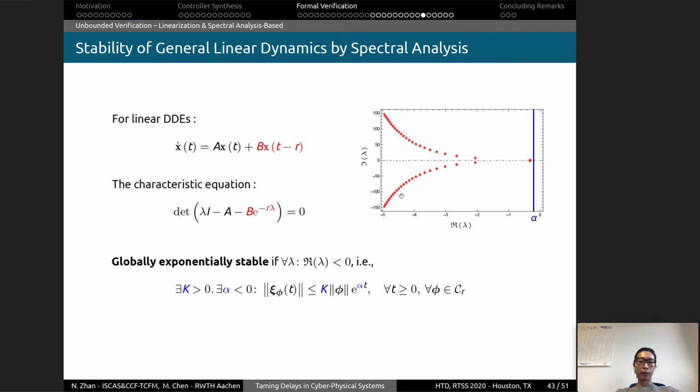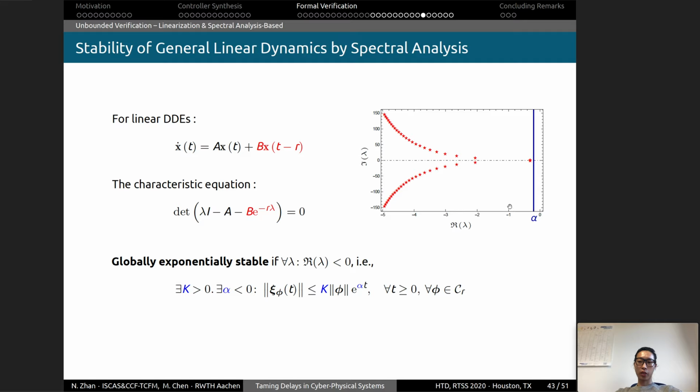In a more formal way, if all the real parts of the eigenvalues, which are the roots of the characteristic equation, are negative, then the solution of the system can always be bounded by some constant k times e to the power of alpha t.